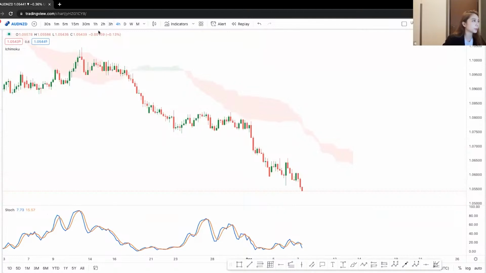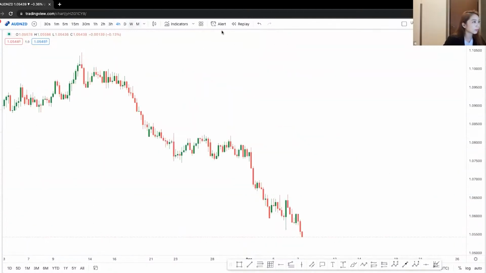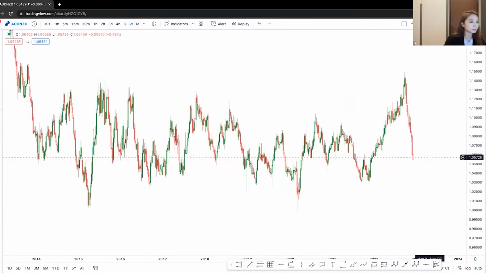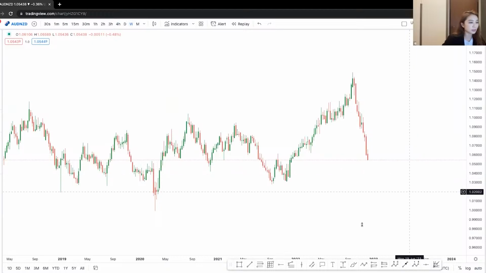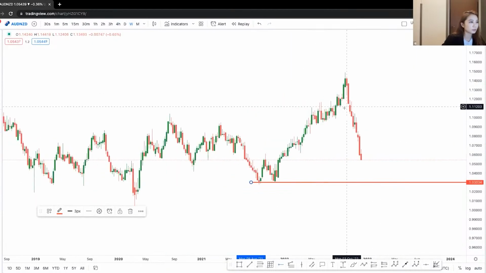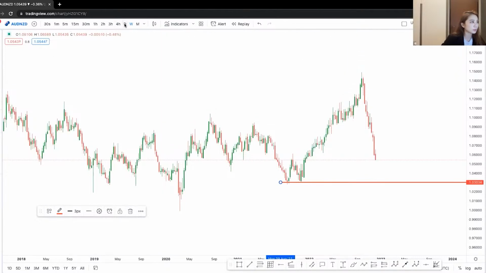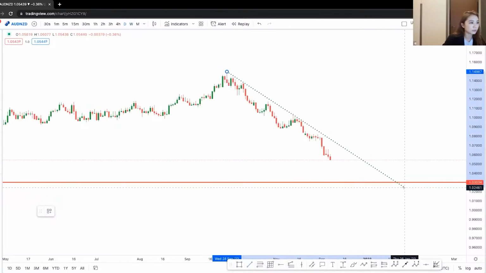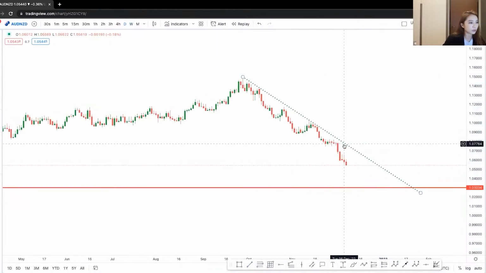Let's do unusual pairs like Aussie Kiwi. Let's do it on the weekly basis with an upcoming support here. Strong decline from the resistance here. Okay, let's look at daily. We can see a very, very strong down.